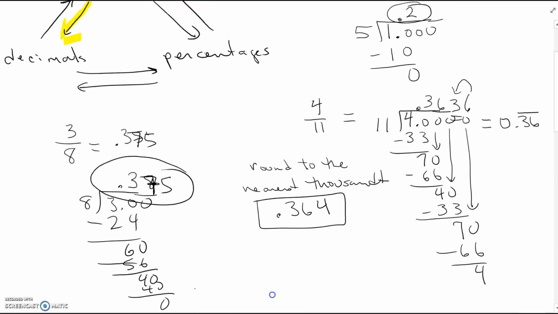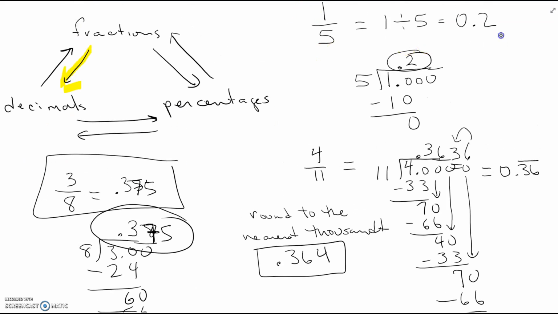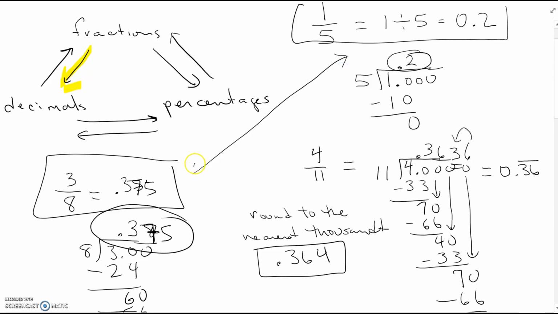So we did two examples, 3/8 and 1/5, that gave a decimal that terminated. These are called terminating decimals, and terminating means when we do the division, the decimal stops at some point. It doesn't keep going.